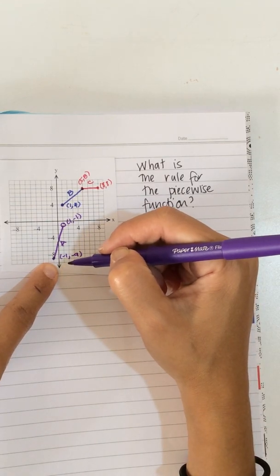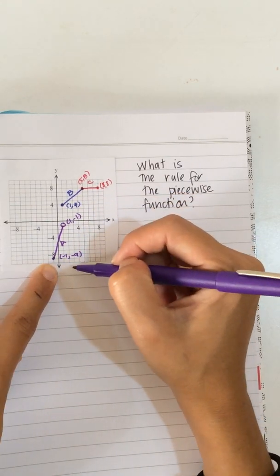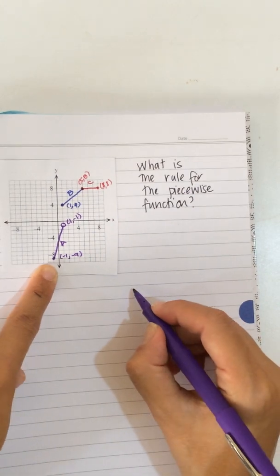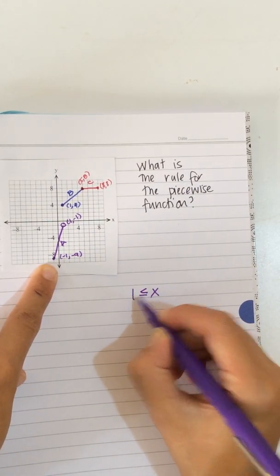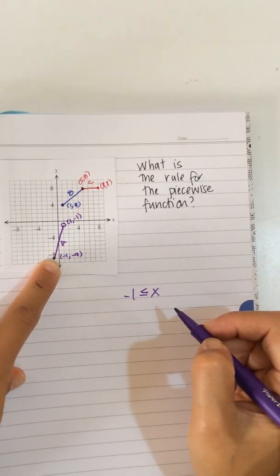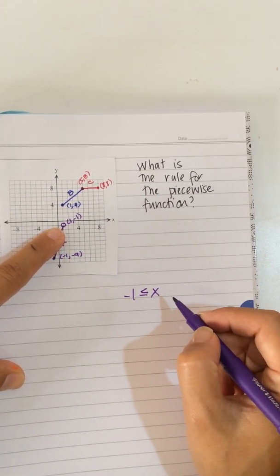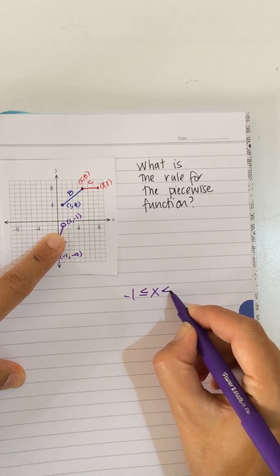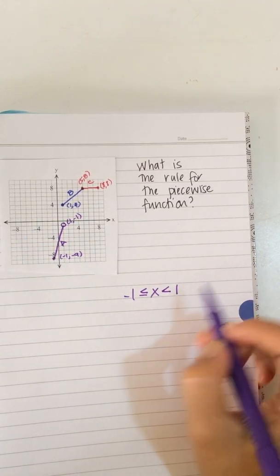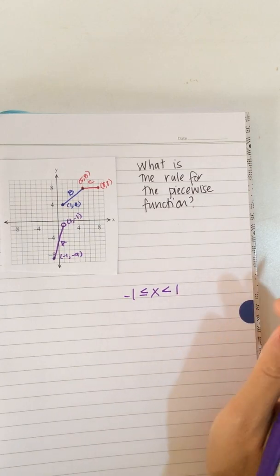Negative 1. So x is greater than negative 1 all the way to where x is 1, right? But it's an open circle, so I know that it's just x is less than 1.